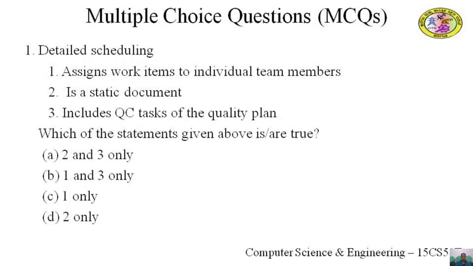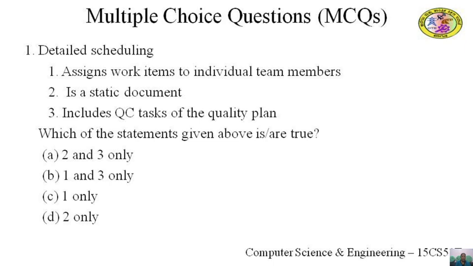Now let us have a look at some of the multiple choice questions. Question number 1. Detailed scheduling: 1. Assigns work items to individual team members. 2. Is a static document. 3. Includes QC tasks of the quality plan.